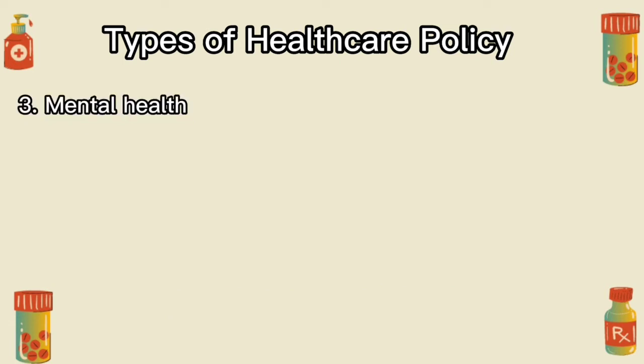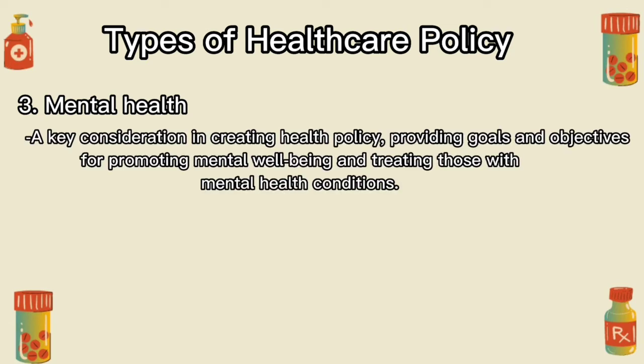Third one is mental health. Mental health is a key consideration in creating health policy, providing goals and objectives for promoting mental well-being and treating those with mental health conditions.